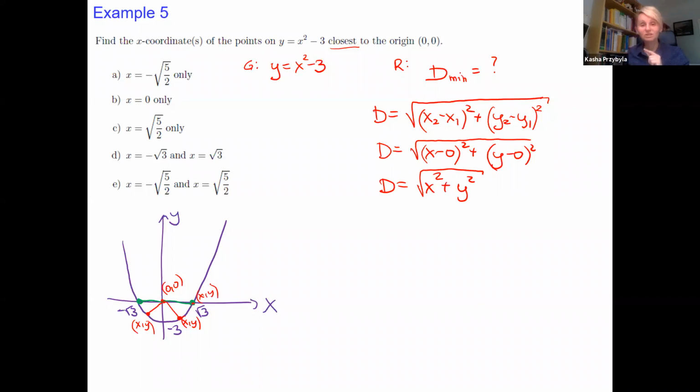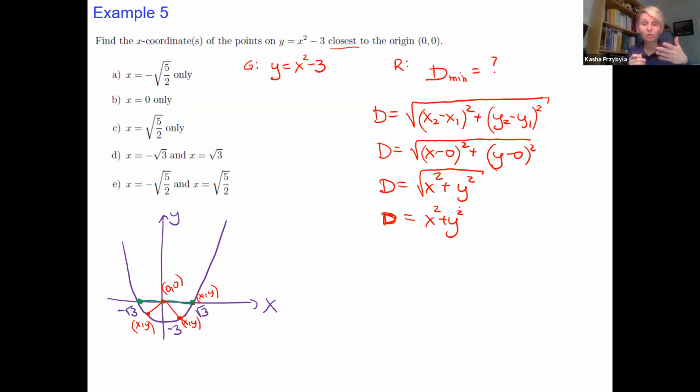Okay, for this type of question, of course, we have to minimize the distance, but because of the nature of this formula, it's just enough to focus on the quantity inside, because when I minimize the quantity inside, the whole square root will also be minimized.